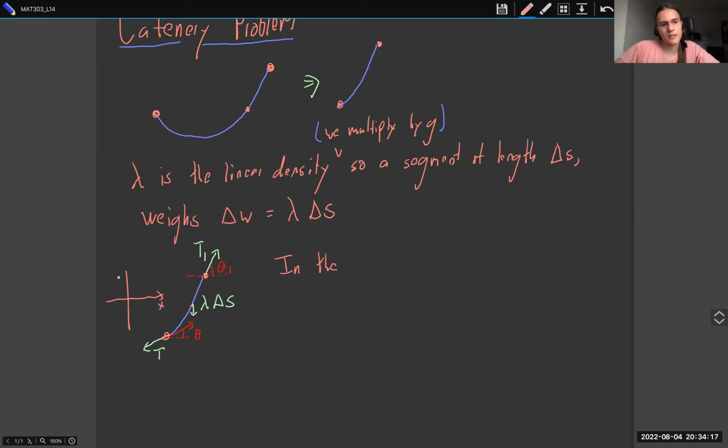in the x-axis, the object isn't moving, so the net sum of forces has to be 0.